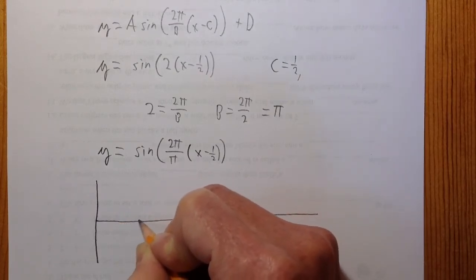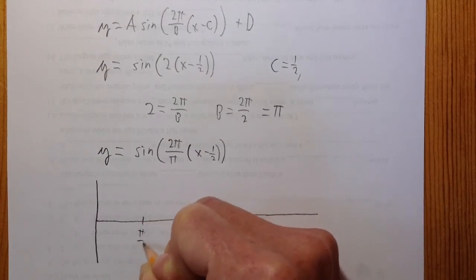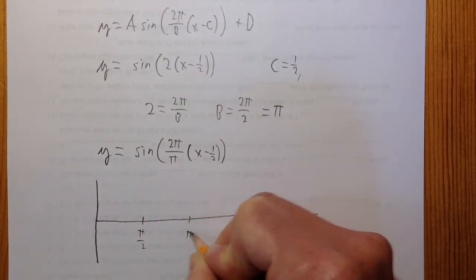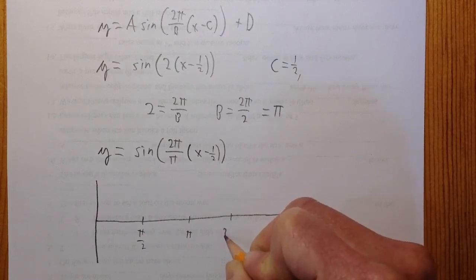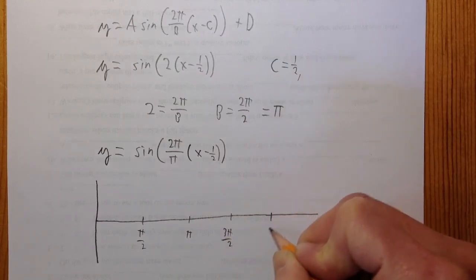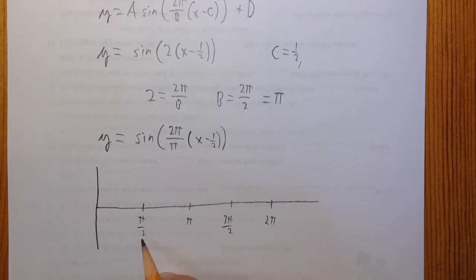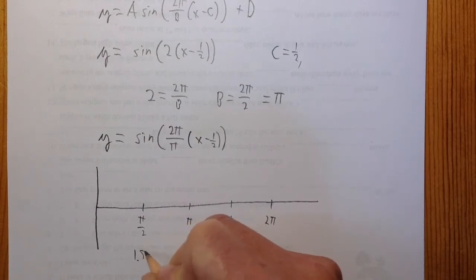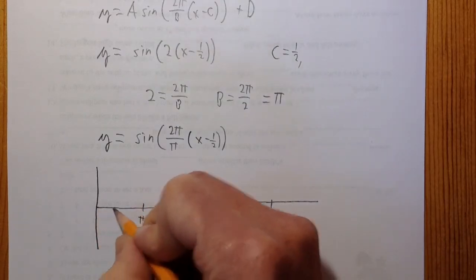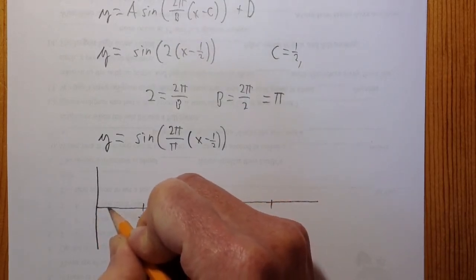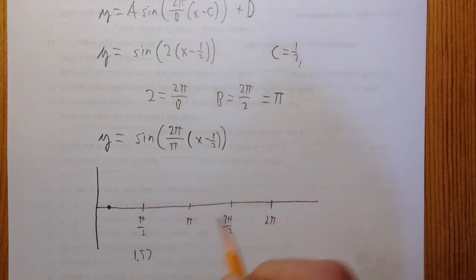Period of pi, so let's put pi over 2, then pi, then 3 pi over 2, then 2 pi. So it starts at 1/2. Pi over 2 is 3.14 divided by 2, 1.57. Our wave starts at 1/2, which is about 1/3 of that, so right there.